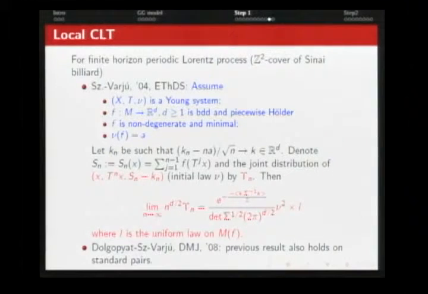You have a dynamical system and a d-dimensional bounded and piecewise Hölder function. Then you take the partial sums of this function along the discrete time dynamics. And if you only consider this Sn minus Kn, it corresponds really to the local limit theorem. Here the initial law is the invariant measure ν for your dynamical system.